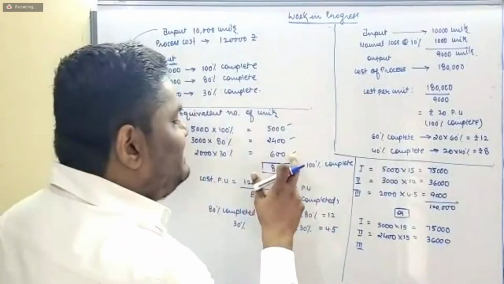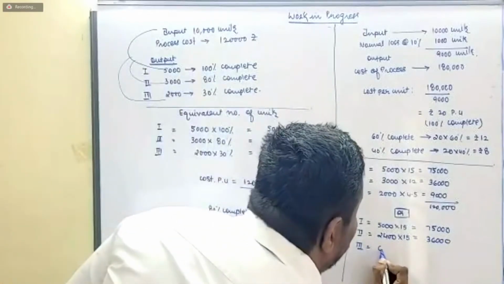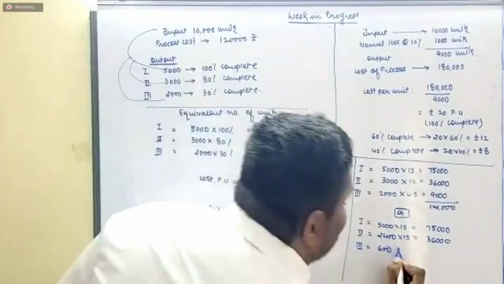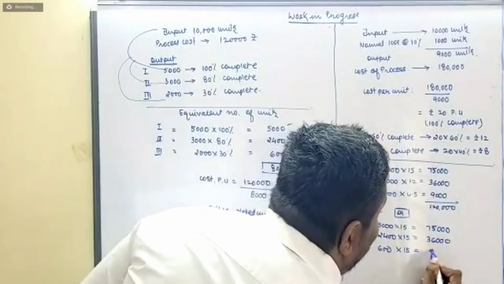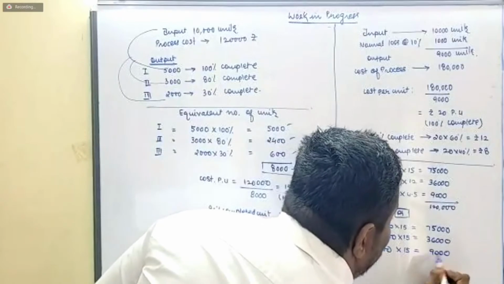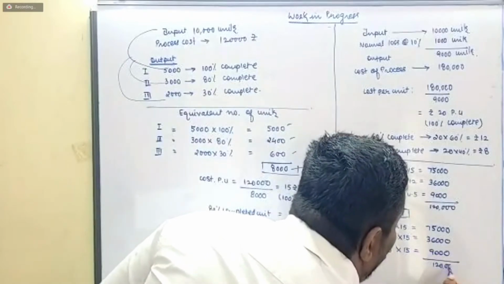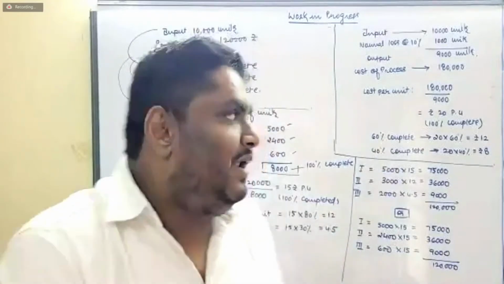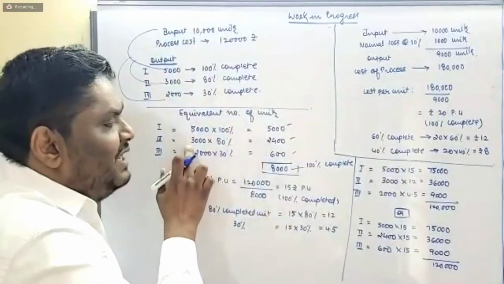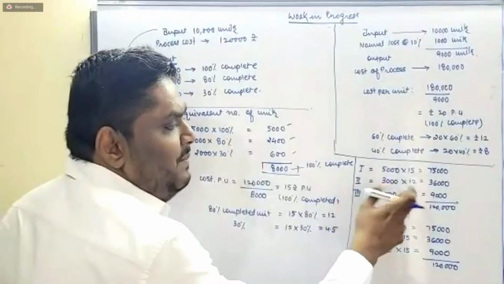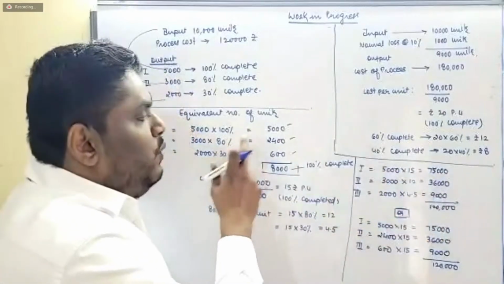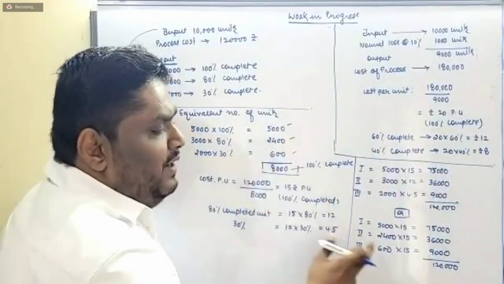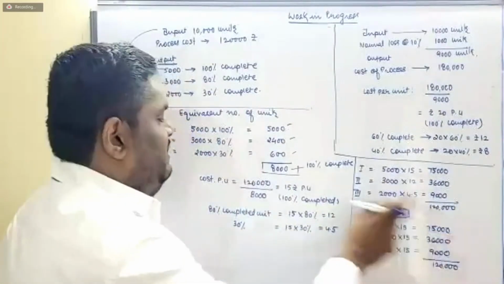Similarly, in the third case, 600 units are there that are 100% complete. So 600 into 15, 9,000. So with both the approaches, the answer is the same. It means the cost of these 3,000 units that are 80% complete will be equal to the cost of 2,400 units that are 100% complete.